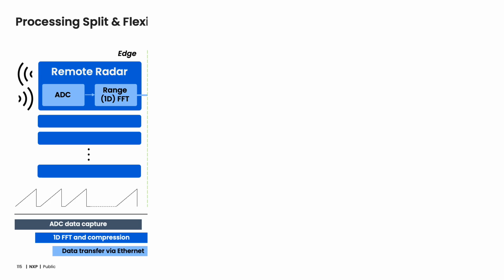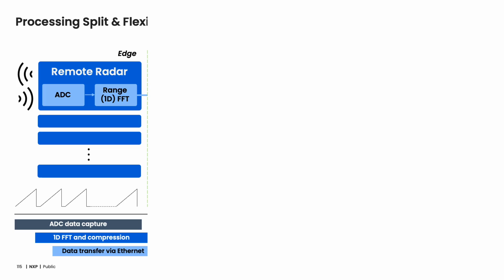Okay, so the processing split and the flexibility that radar bridge zonal or central processing gives you. On the edge, as I mentioned, you still have full RF capabilities. You do your radar chirp sequence. We were typically working with FMCW, fast chirp radars, and we perform the range FFT.